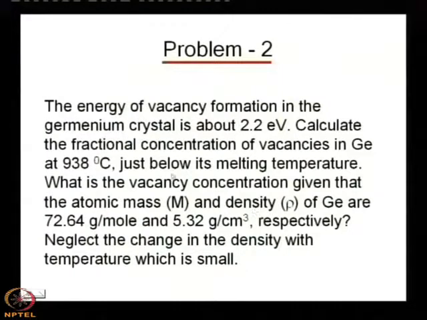Then you calculate what should be the vacancy concentration in germanium, because for aluminum we have seen that it is 1 into 10 to the power 19. Here you see what is the value for germanium.